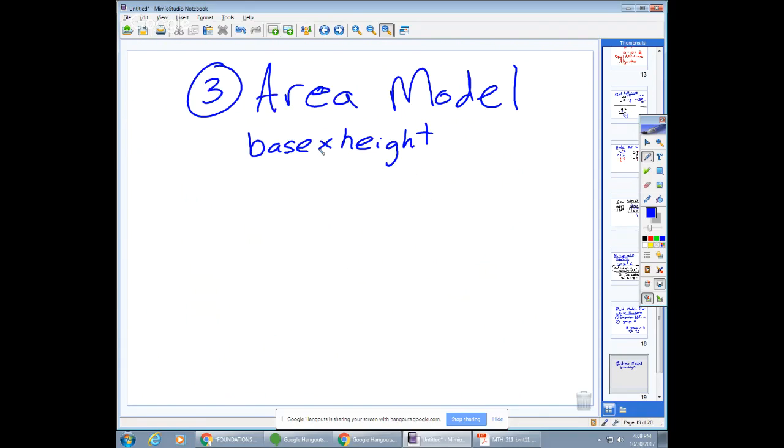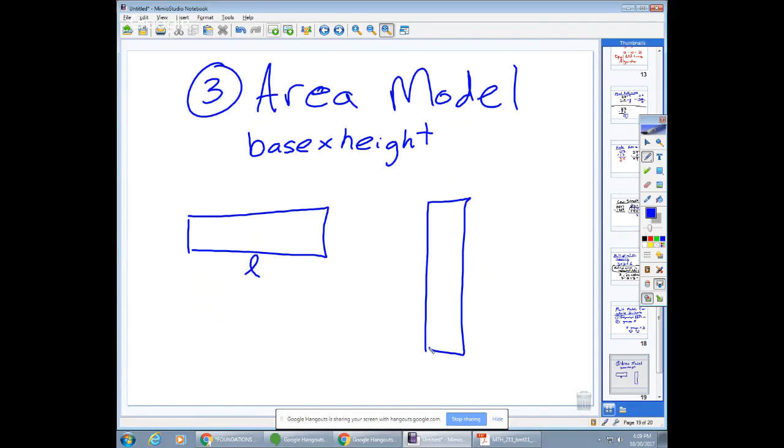The reason I like base and height better is that when we talk about length and width, I usually want length to be the longer one. So if this was my rectangle here, I want that side to be the length. If this were my rectangle over here, I'd want that one to be the length, right?